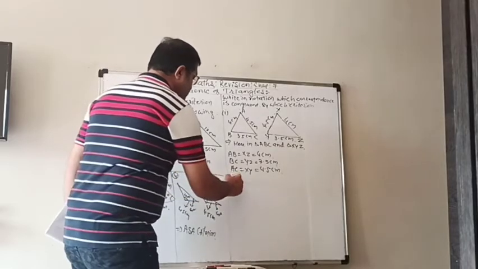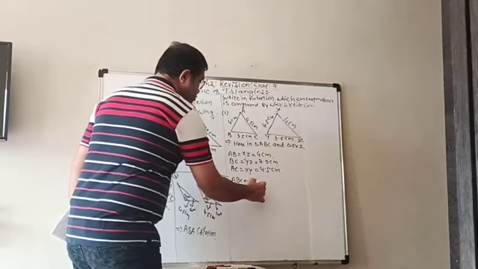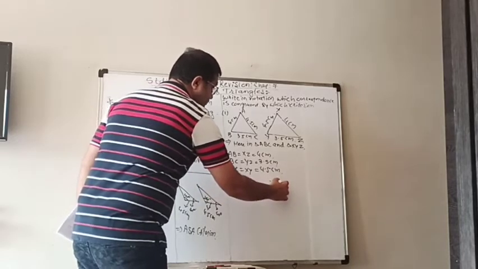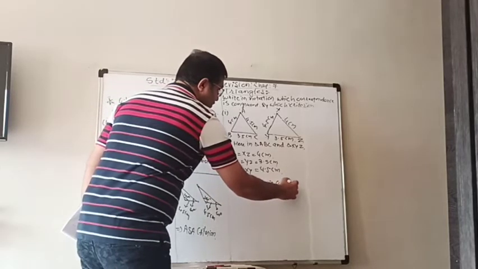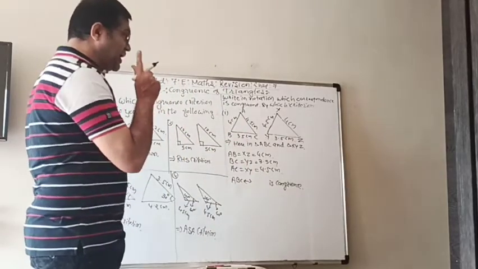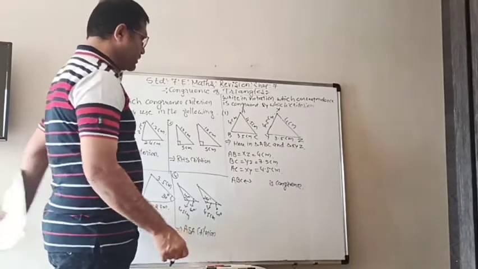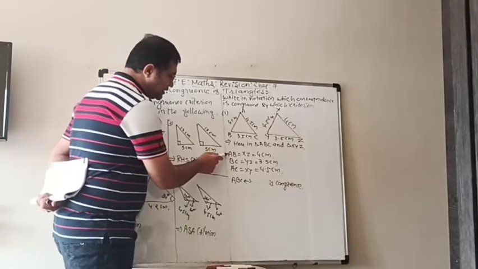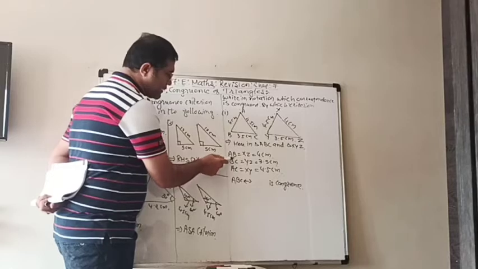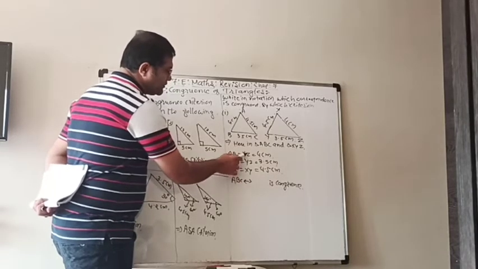So now ABC corresponds to what in the congruence? That we have to write down. I think I explained that also, but let me revise. Check what is common here in this and this: B. So with the same, what is common here?